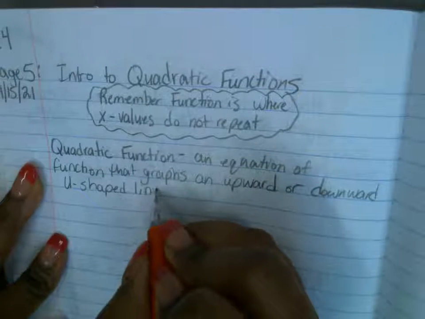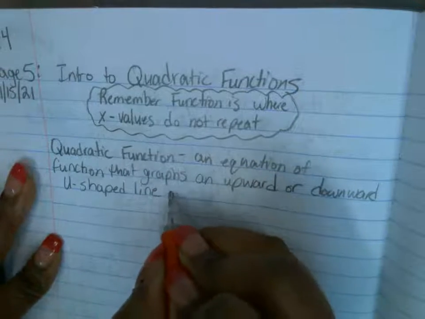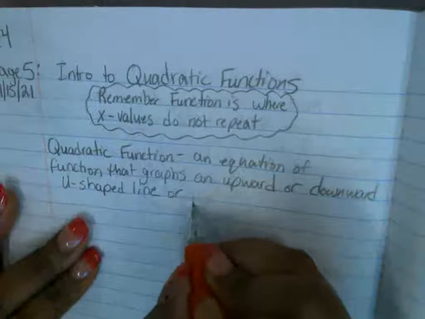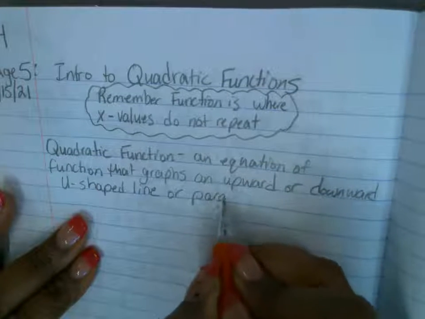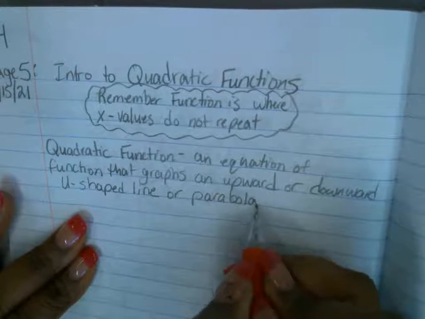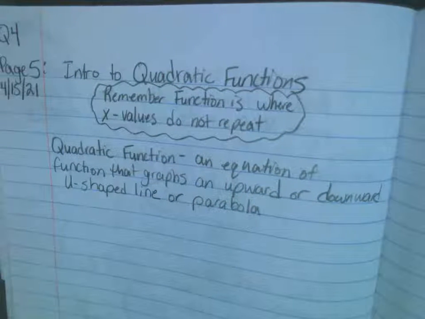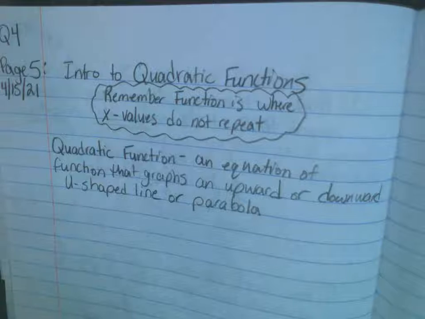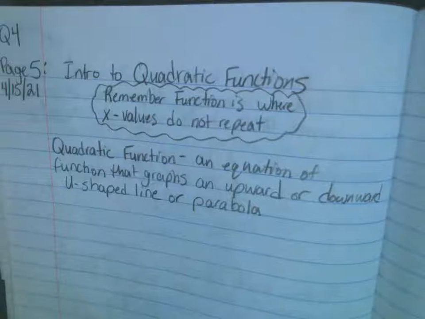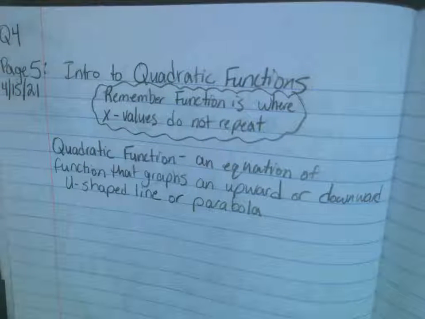Another word for a U-shaped line is a parabola. So quadratic functions graph U-shaped lines, or parabolas.